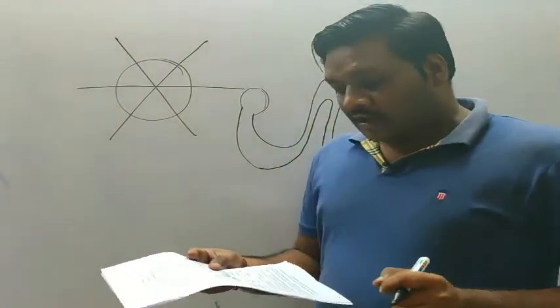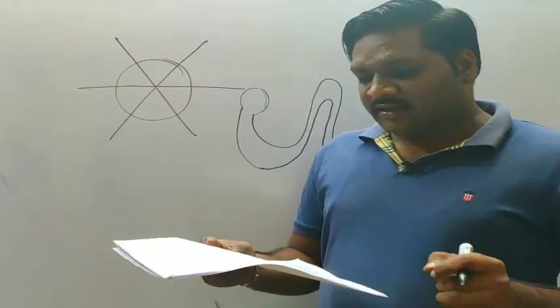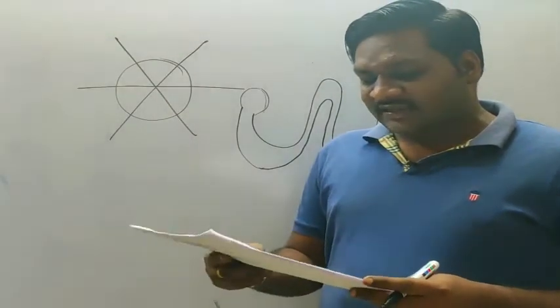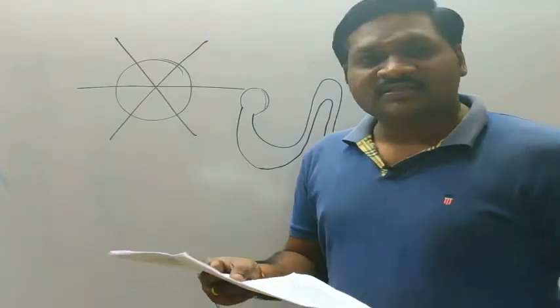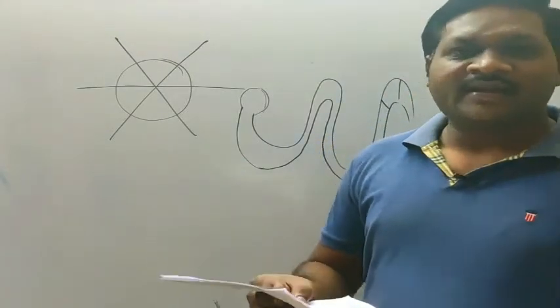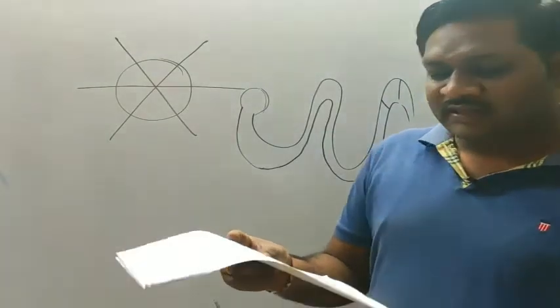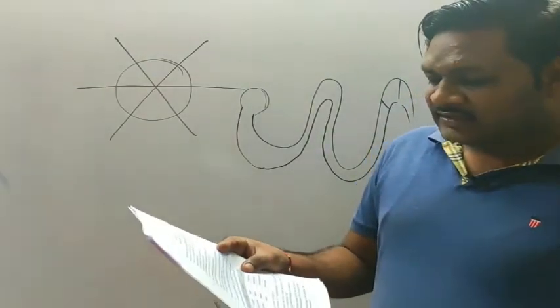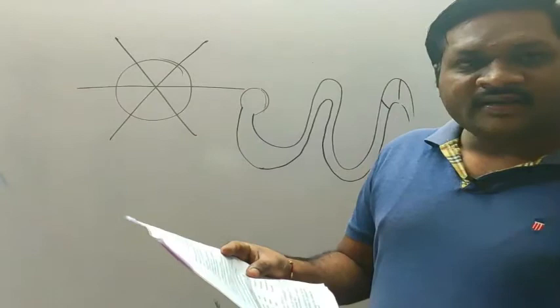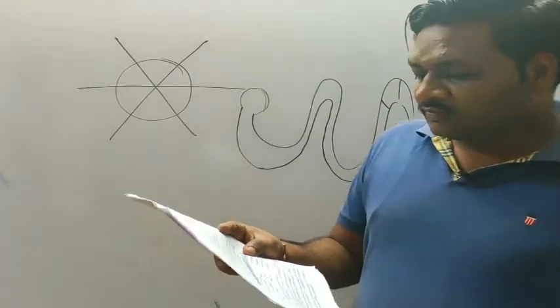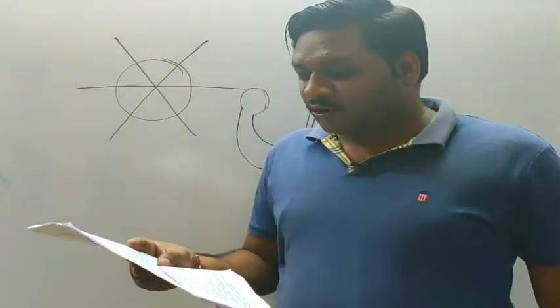The next question is number 95. Here you have to select the correct matching of animals, their body symmetry and coelom. Some phyla are given in the first column, the second column is symmetry, and the third column is the body plan or body cavity.